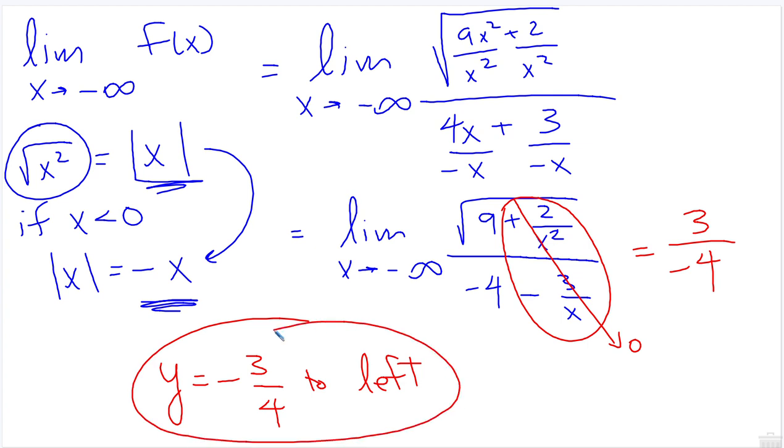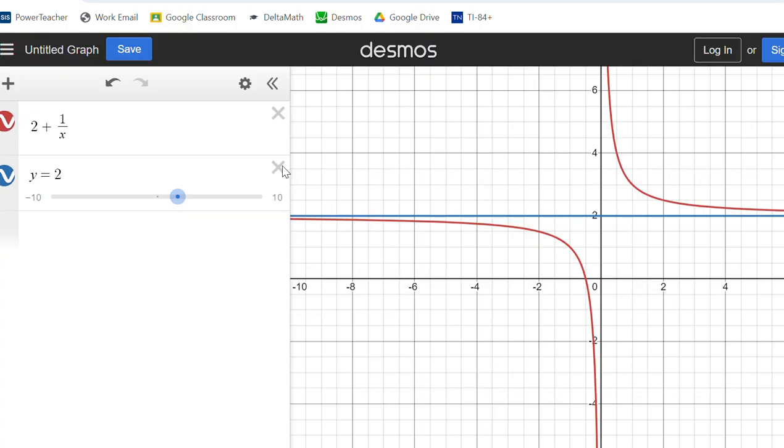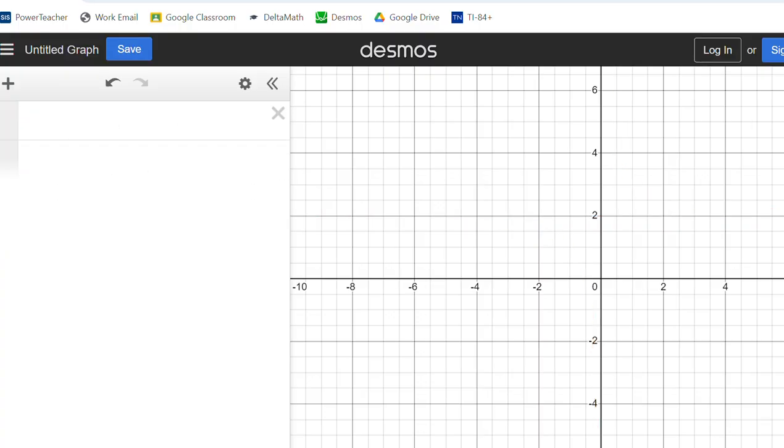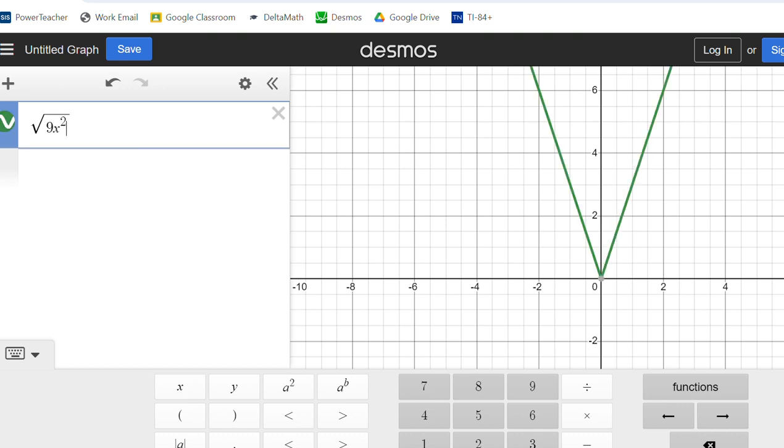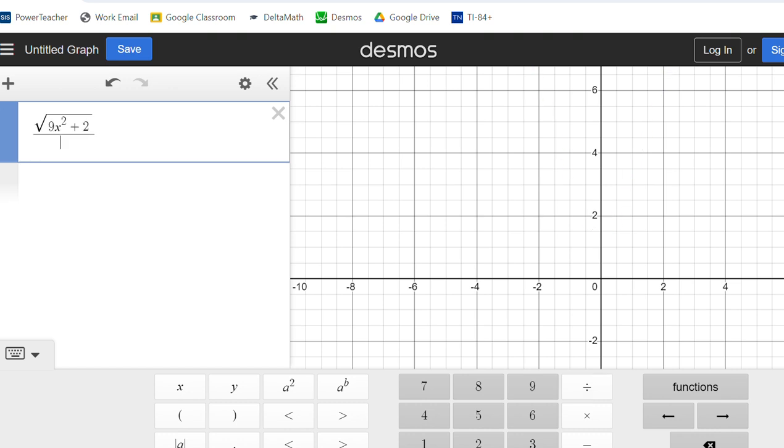And so we'll just take a second here and flip back over to Desmos. And if we put in square root of, what do we have? We have 9x squared plus 2, and we were dividing that by 4x plus 3, I believe.